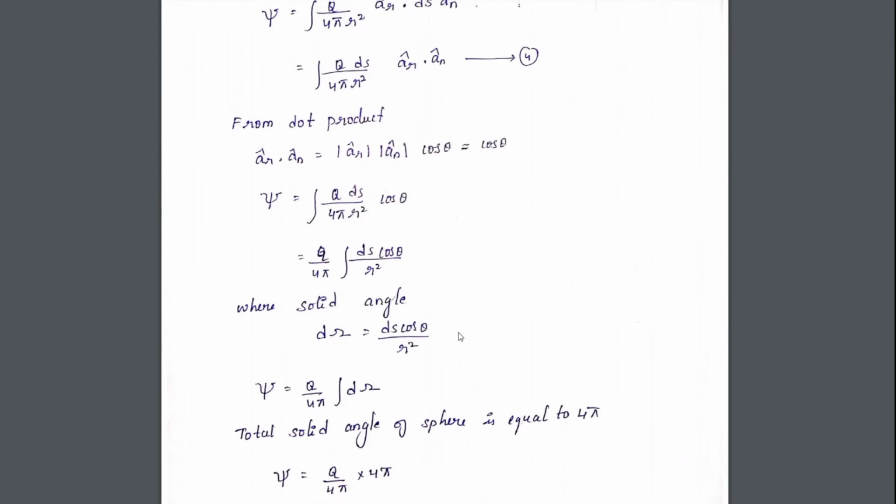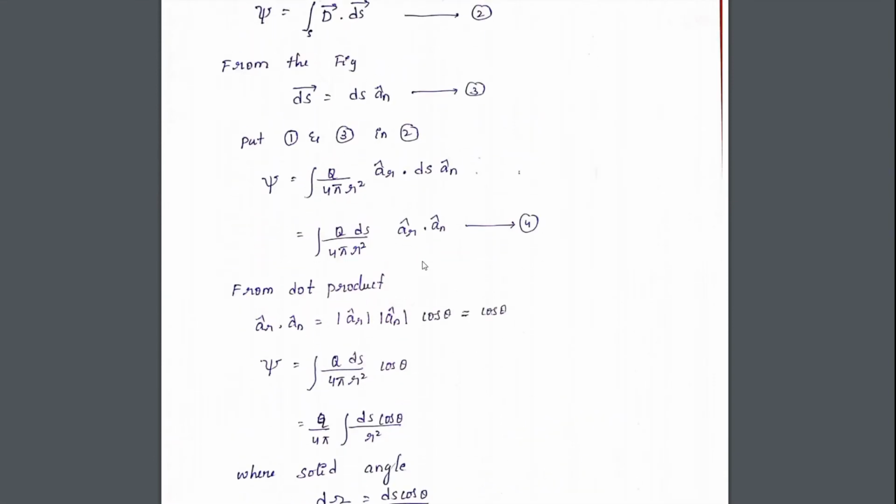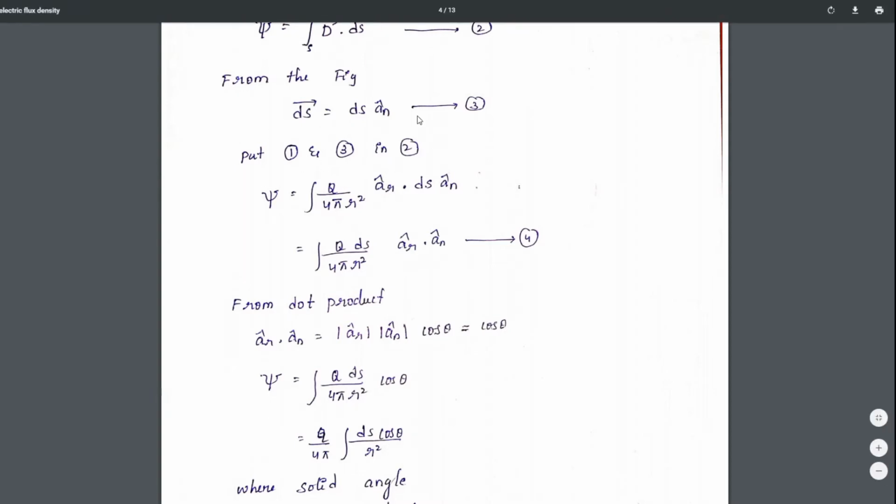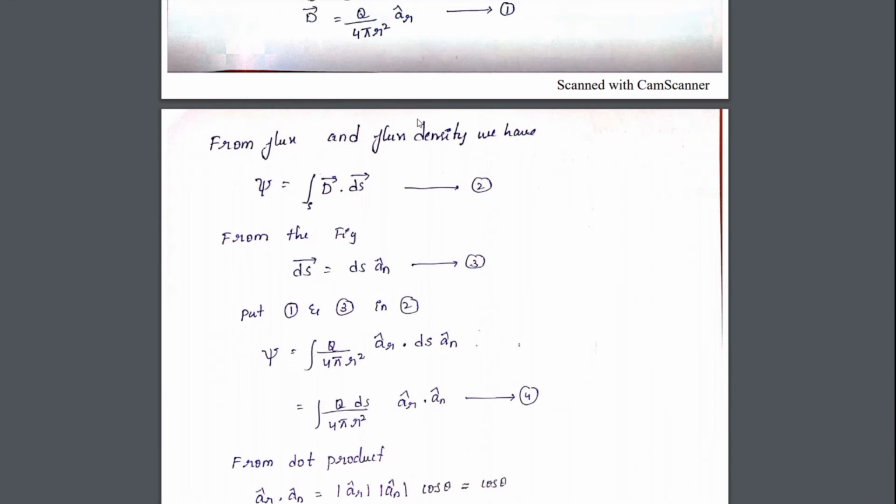dS vector will become magnitude dS into unit vector AN. Once you define the values of D and dS, you can substitute in equation 2. So put 1 and 3 in 2 here. Then you separate the magnitude part and the unit vector AR dot AN, and write it separately as shown in equation 4.